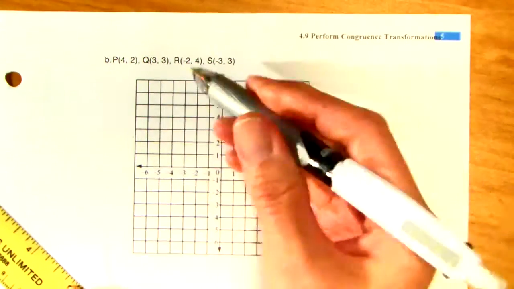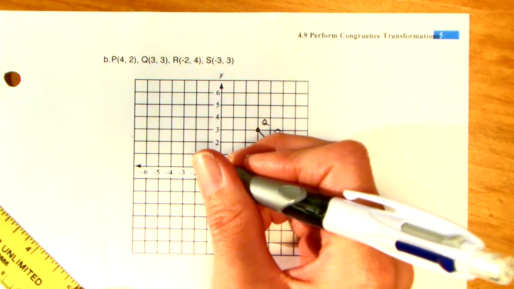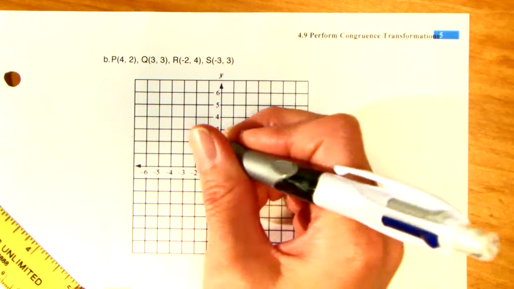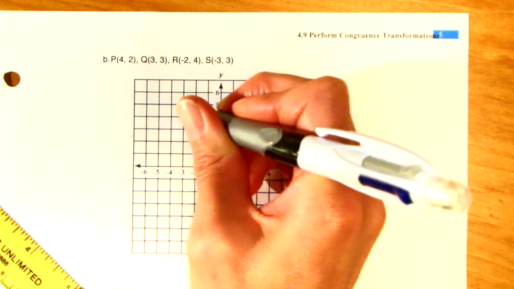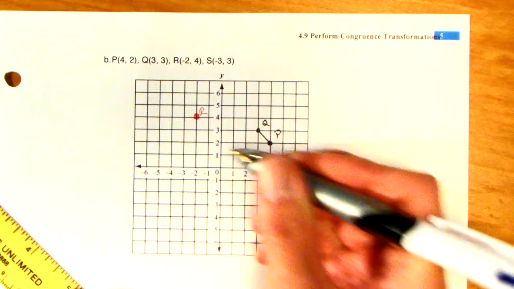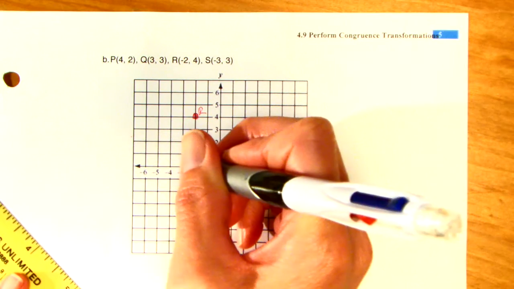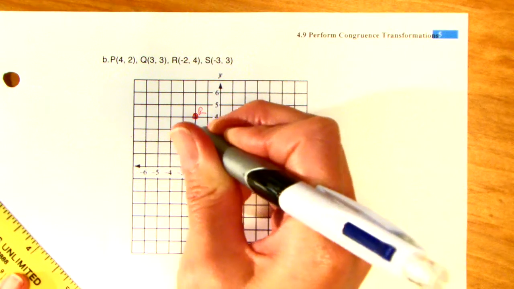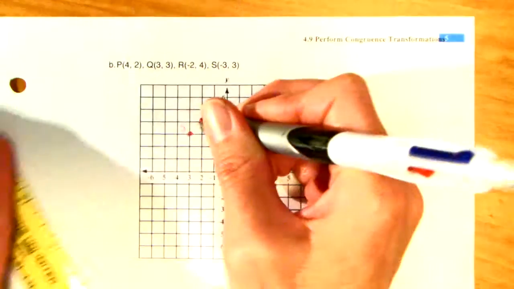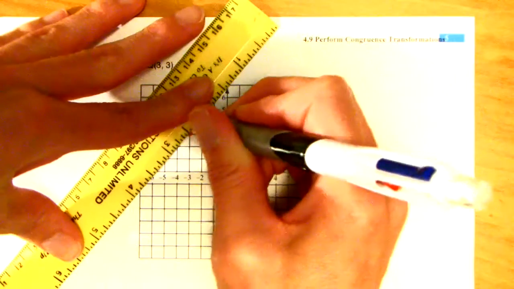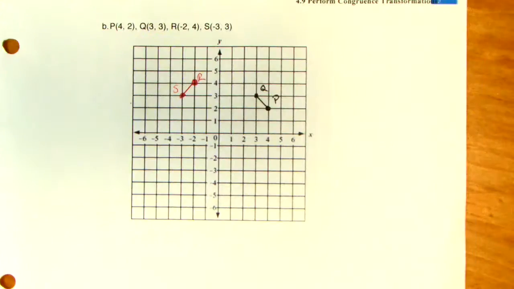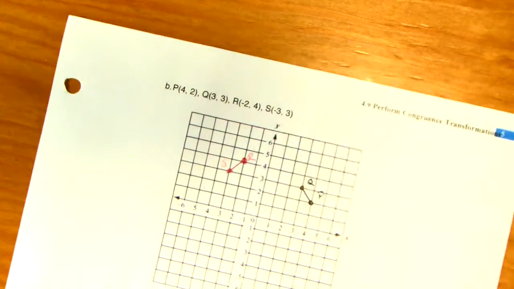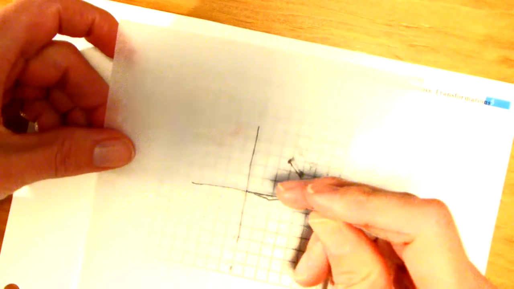Okay, and then let's do RS. R is (-2, 4), and S is (-3, 3). Okay, so I'm going to take out my tissue paper, and we'll put the paper clip right through the hole, the center, and hold it on the origin.